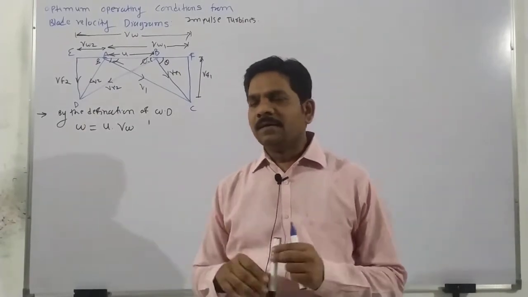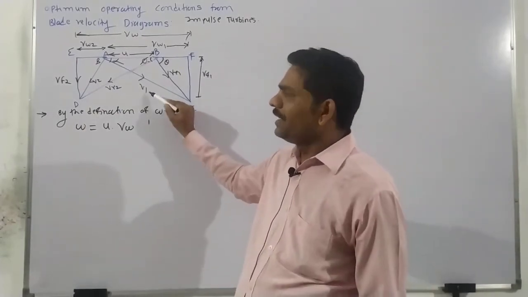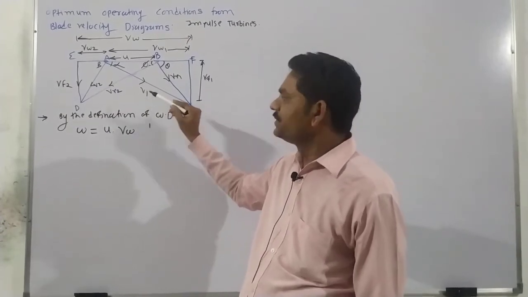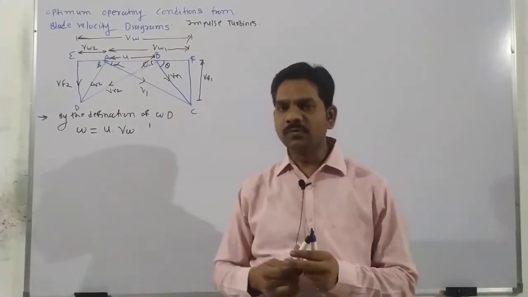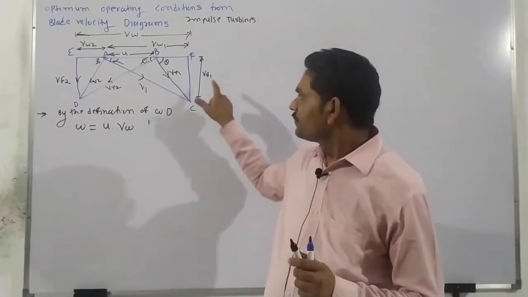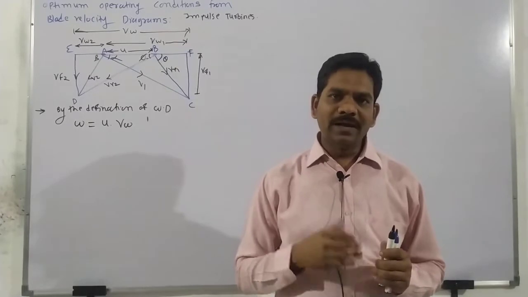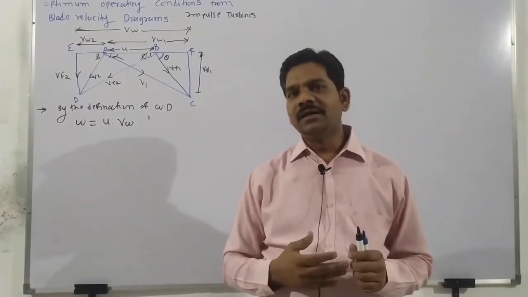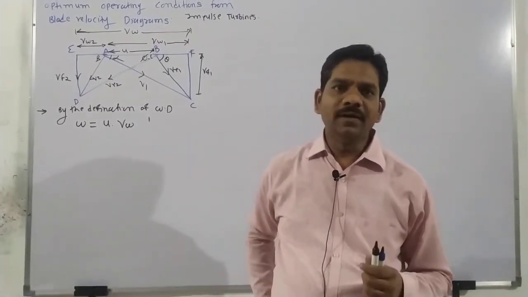We know that V is the absolute velocity of the steam. This absolute velocity has two components, one tangential and one axial. Axial is the flow, and tangential relates to the relative velocities VR1 and VR2.